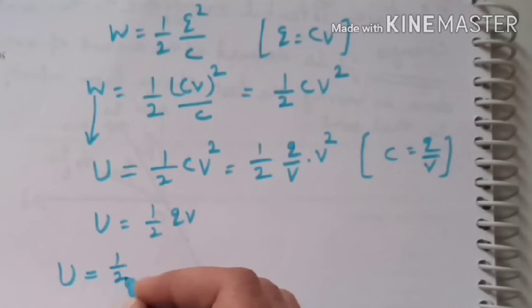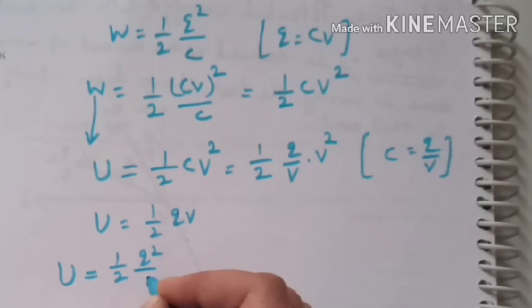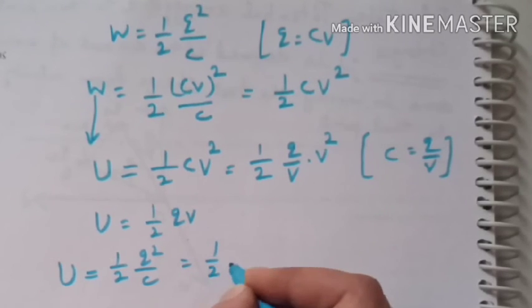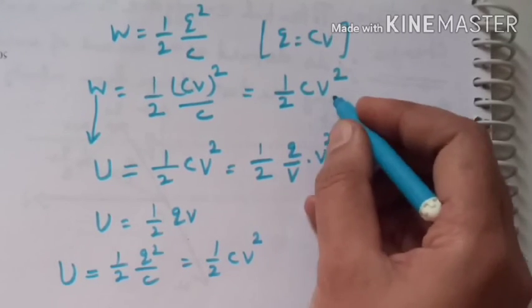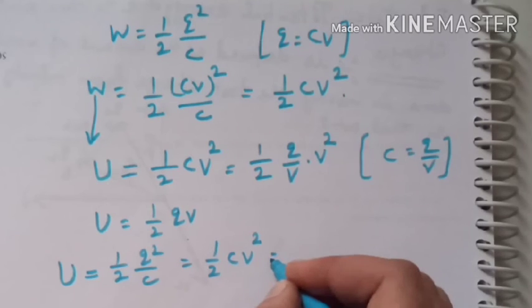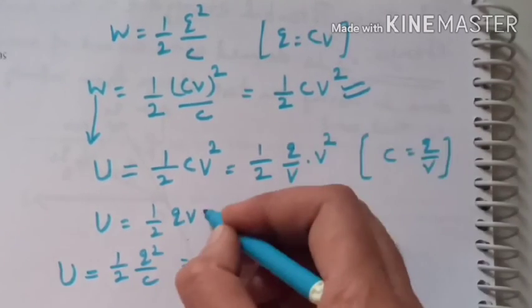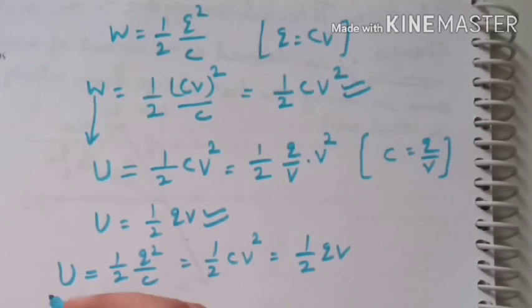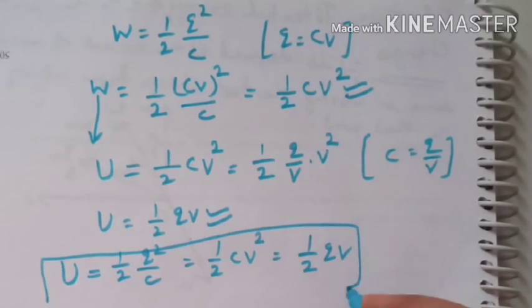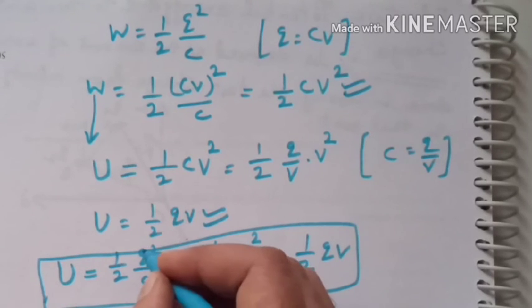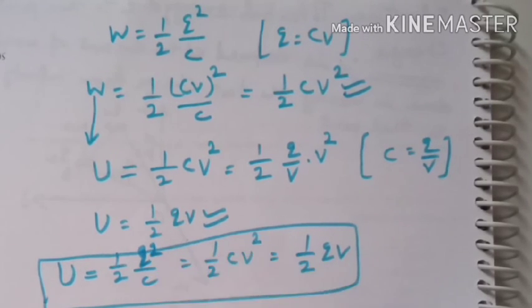The first is 1 by 2 Q square by C. The second is 1 by 2 C V square. And the third one is 1 by 2 Q V. These are the formulas used for energy stored in a capacitor. For any numerical, we can use different formulas according to the given values. Thank you.